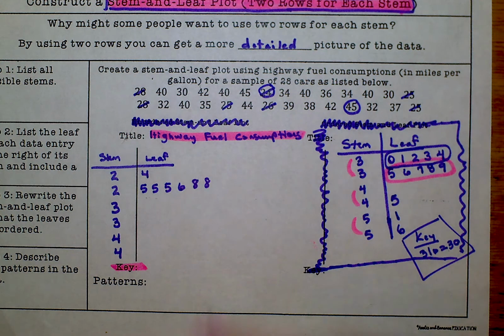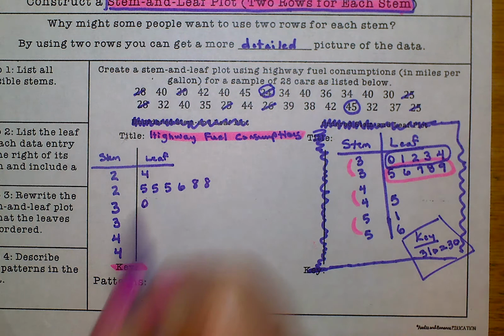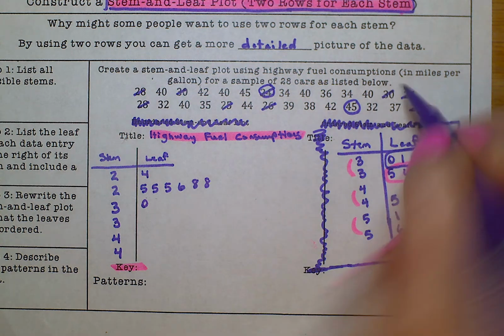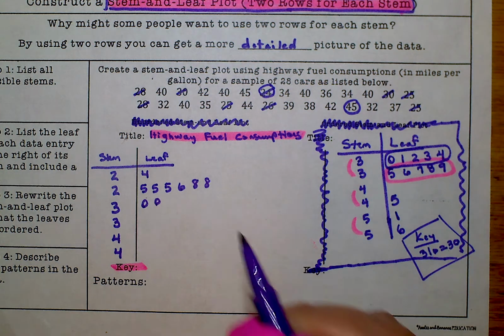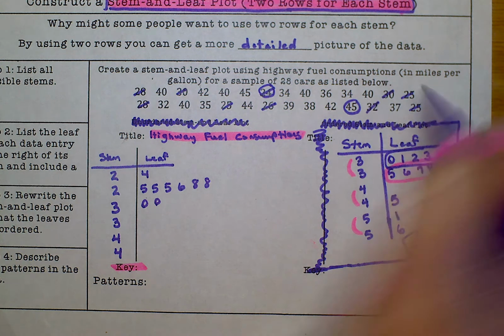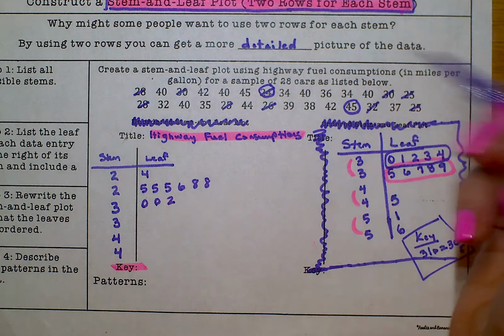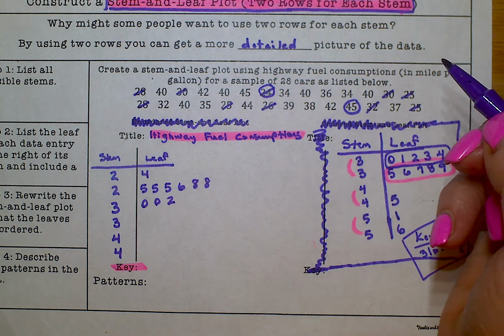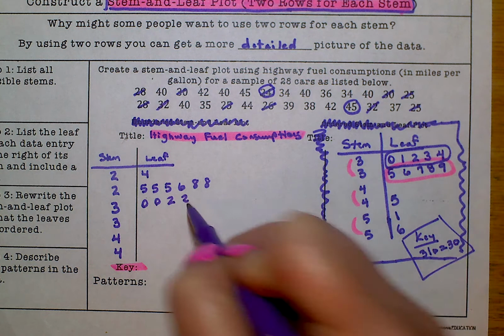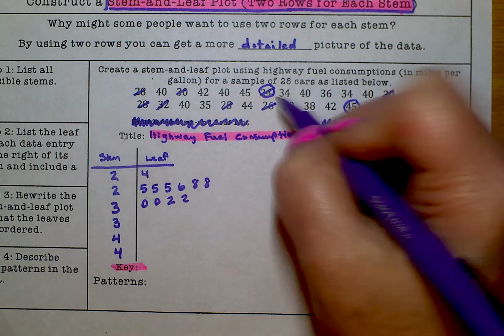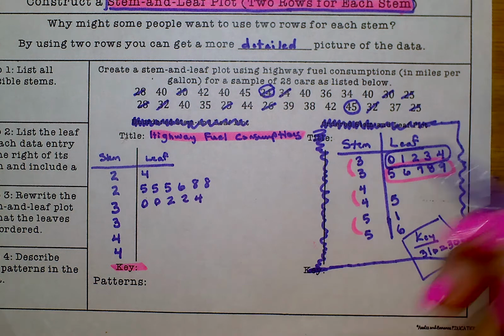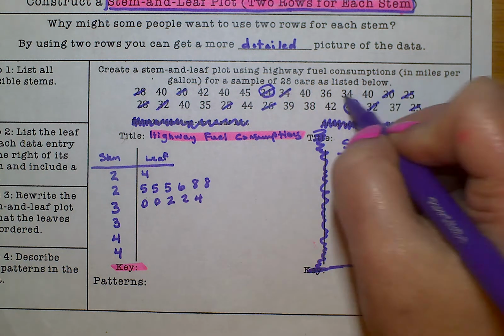And then we go to 30, first row, 30 again, 32, 32, 34.